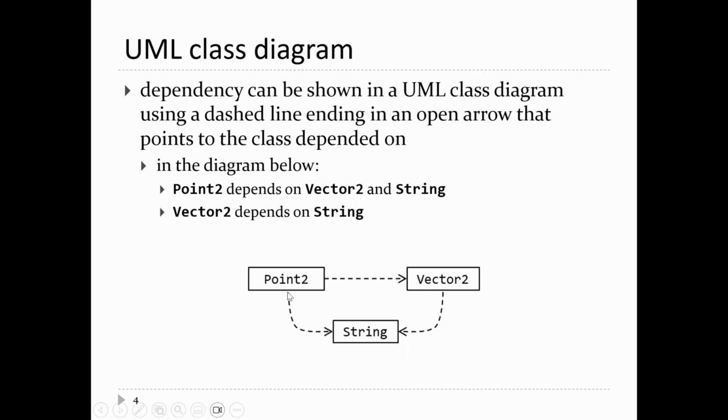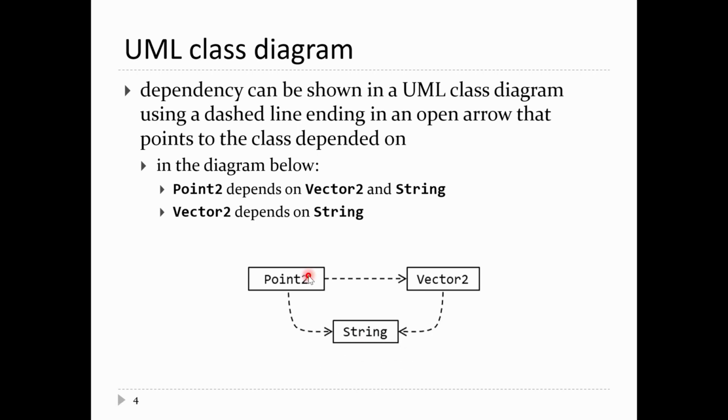This dashed line with an open arrow indicates dependency. The dash and the open arrow are significant in UML. There's a closed arrow, there's a solid line, and there are other types of lines in UML. So a dashed line with an open arrow points from the class to the class that it depends on.